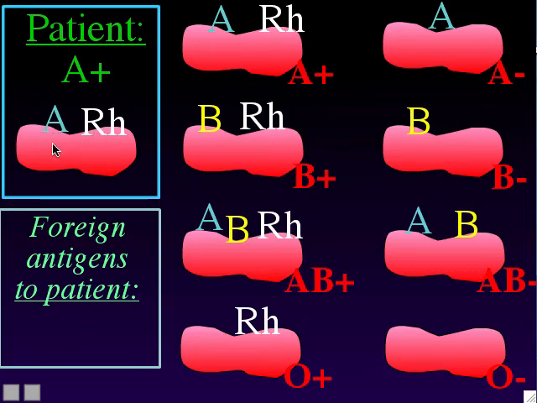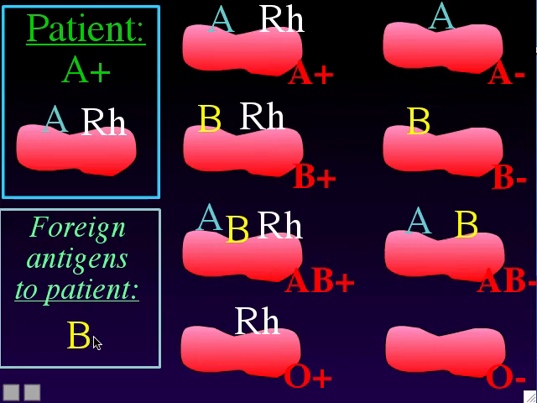So just look at the patient's red blood cell and say, who's missing as far as antigens are concerned? And the answer in this case is B, right? The antigen that the patient doesn't have on the red blood cells is antigen B. And so that is the foreign antigen to this patient. So you put that in this box right there. Good. So that is step 3. Write out the foreign antigens to the patient, which in this case is just antigen B.